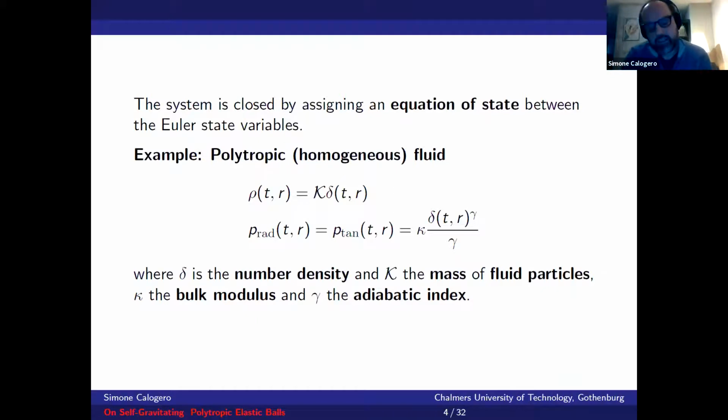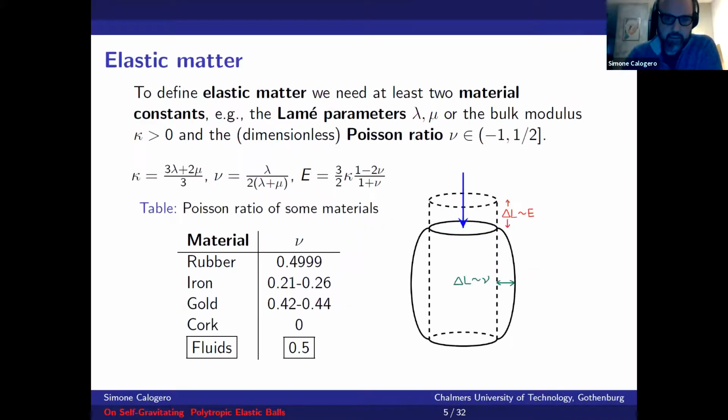Okay, so the first thing you need to know about elastic matter, if you are not already an expert on this, is that we need more than just one material constant to specify the material of an elastic body. We need at least 2 material constants. And for instance, a very standard choice is to take these to be the Lamé parameters, which are denoted by lambda and mu.